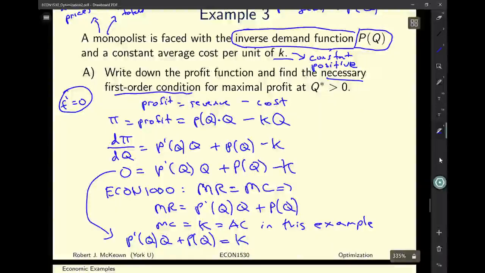What is this doing? This maximizes profits of a monopolist.